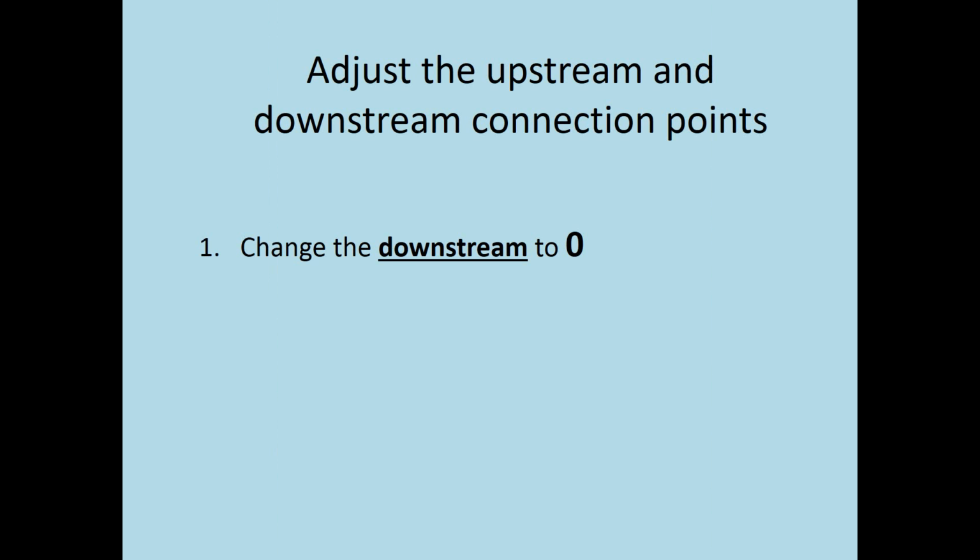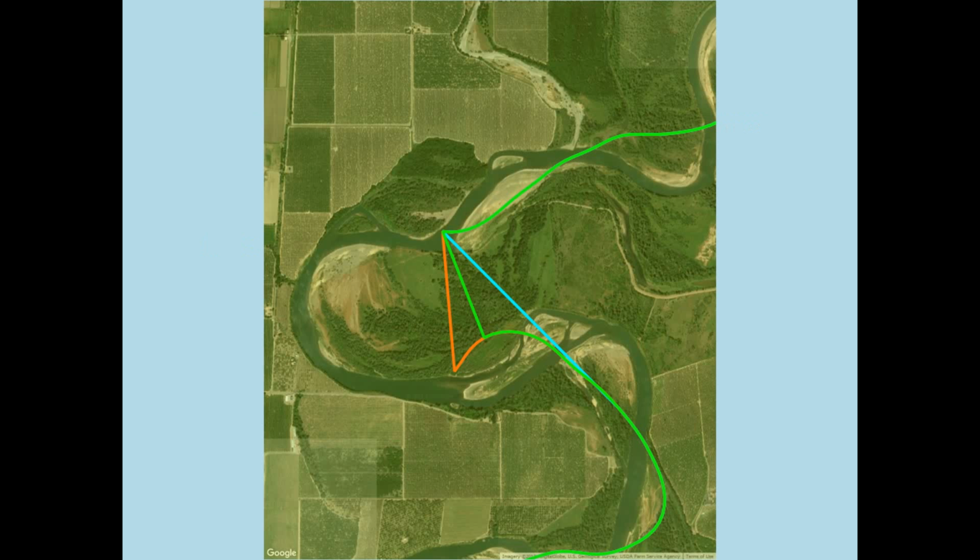And now to complete this demonstration, we're going to change the downstream to 0. And that is the orange line. That's where it would go in the downstream direction if it was set to 0.